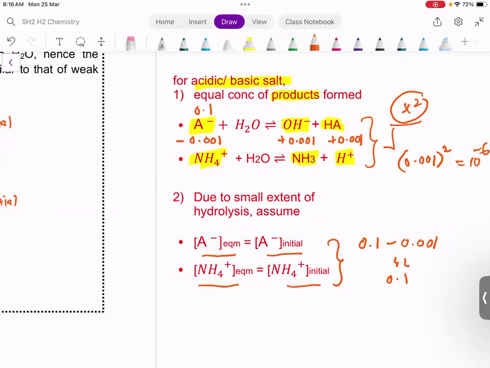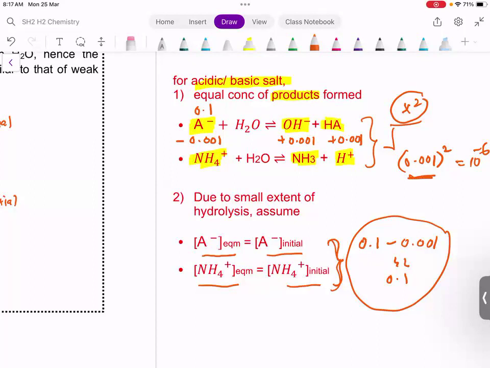When I talk about it being negligible, it's only applicable if we are taking a difference of value. When I subtract 0.001 from 0.1, it's a negligible change. But when I multiply small values together, it's a significant change.